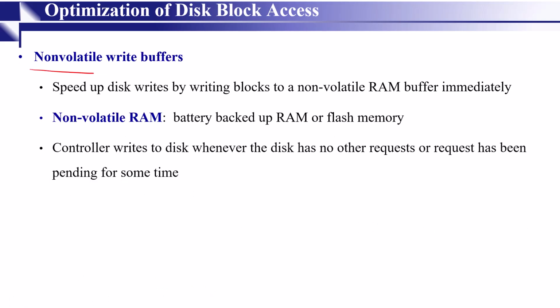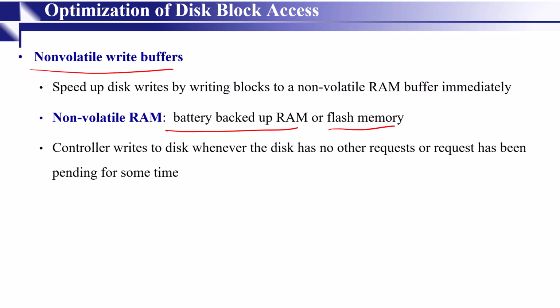Next, we have non-volatile write buffer. A non-volatile write buffer works by writing blocks of data to a non-volatile RAM buffer immediately instead of writing them directly to the disk. This buffer is typically made of battery-backed RAM, or you can say flash memory. These retain data even if the power is lost.